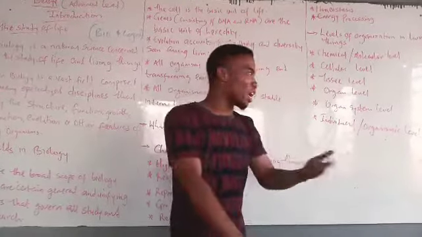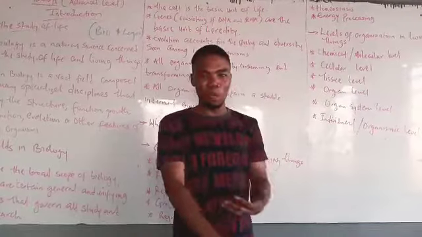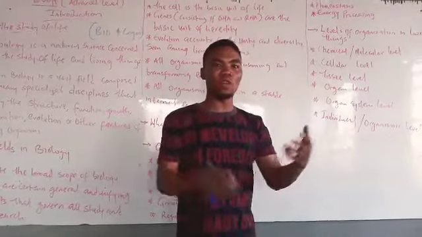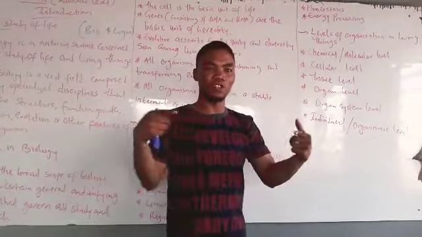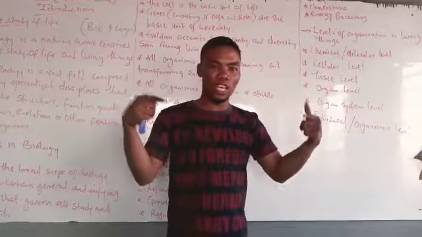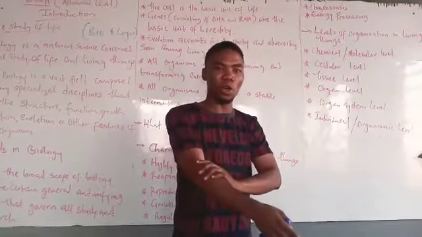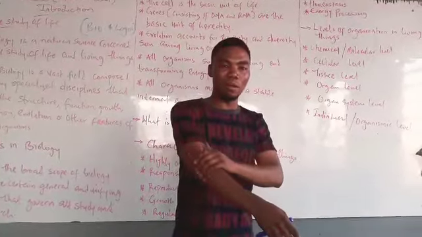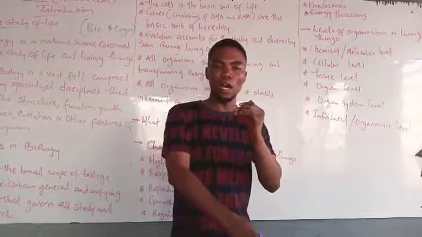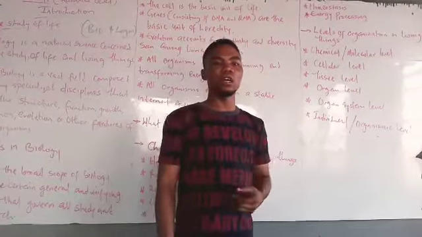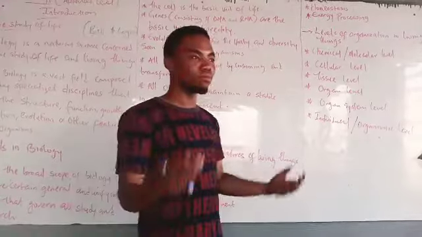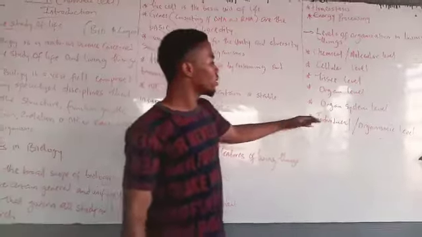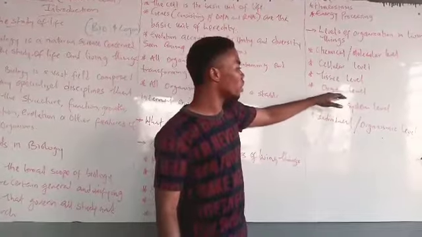Then we have the muscle tissue, and inside these tissues we have the innervations, the nerves, which are the nervous tissue. So the skin on its own is made up of about 3 tissues.